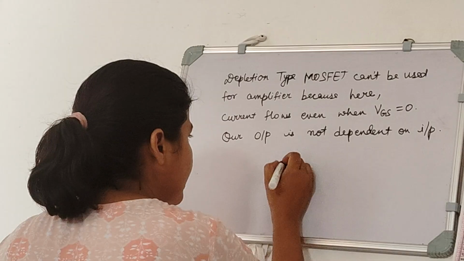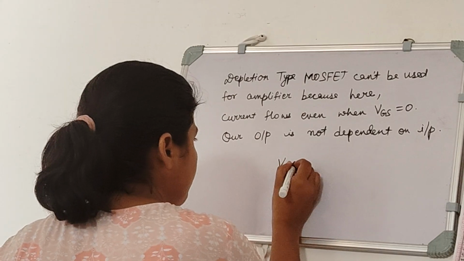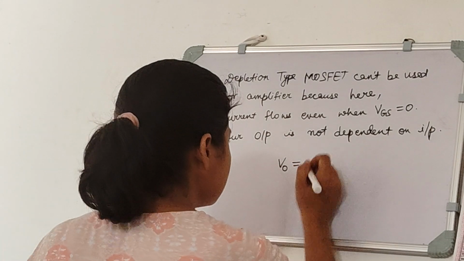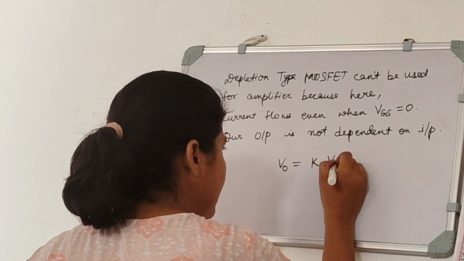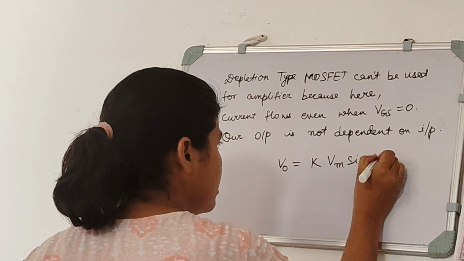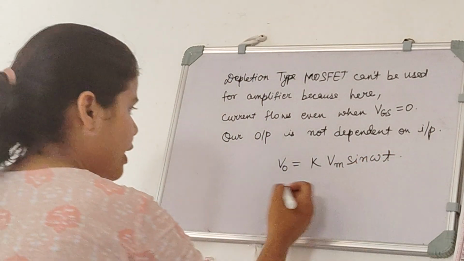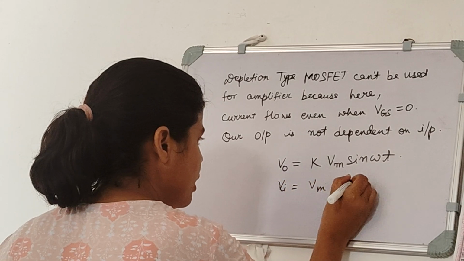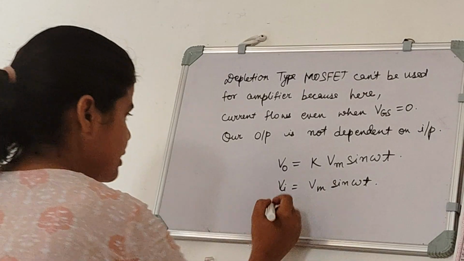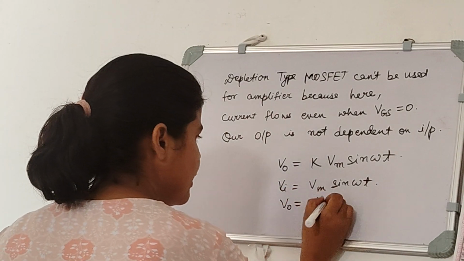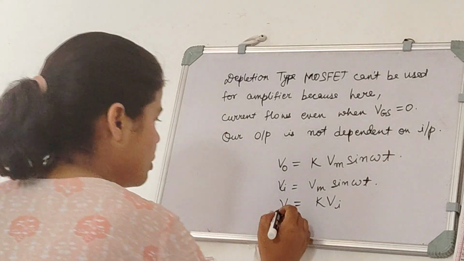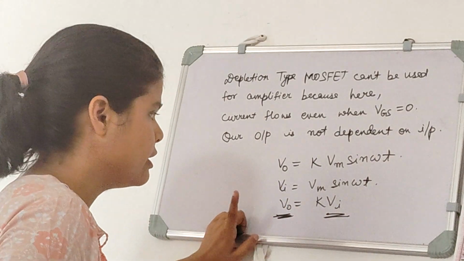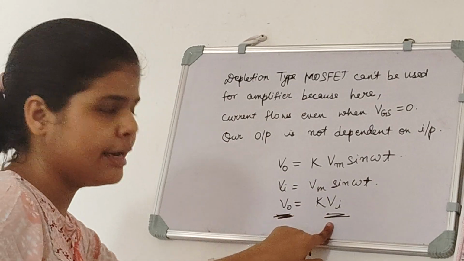Because like we saw in the first video that VO equals K into Vm sin omega t, where Vi equals Vm sin omega t. So we can say that Vo equals K into Vi. So here output is dependent on input. So for an amplifier it is necessary that our output should be dependent on the input.